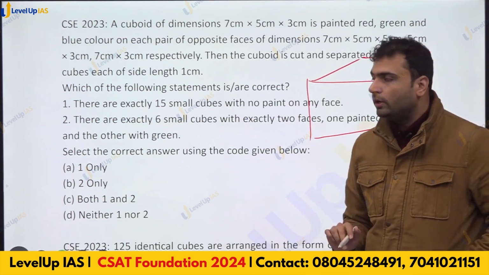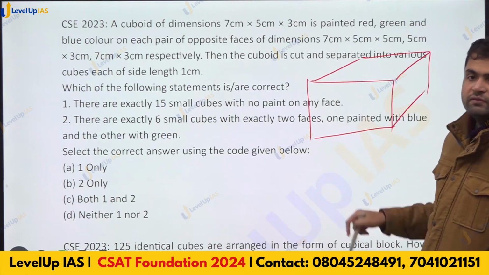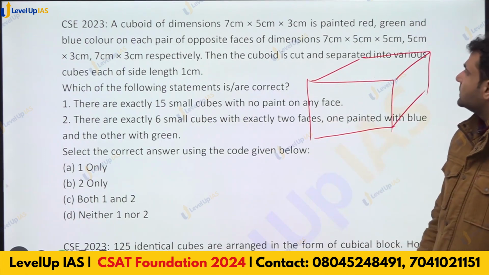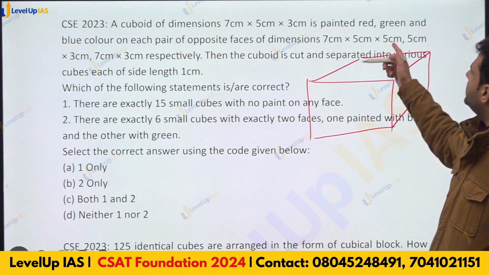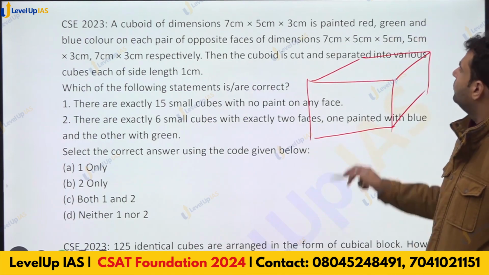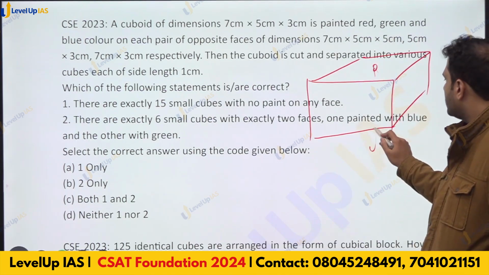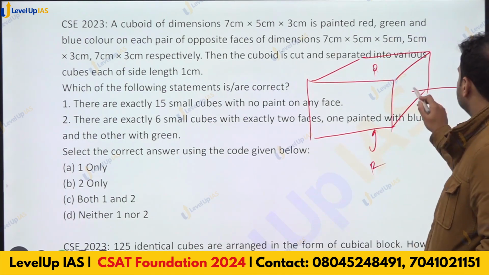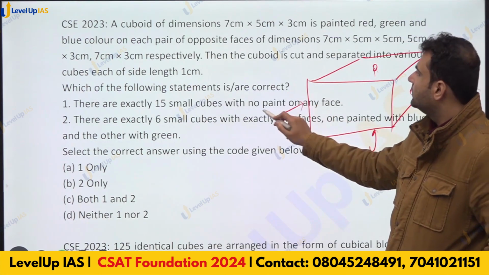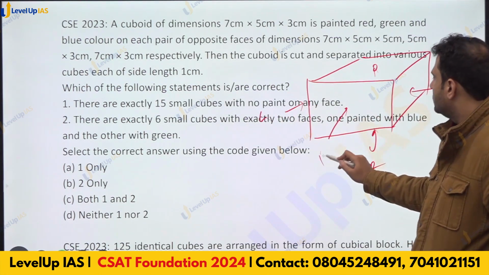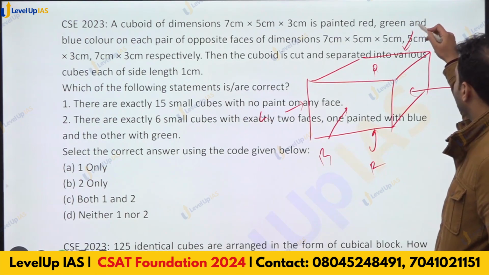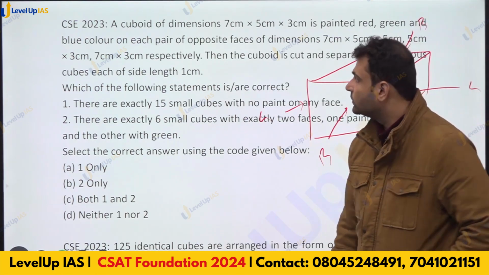It has 6 faces, 3 pairs of opposite faces. They are saying that it is painted red, green and blue. So let us say this is red, this is red, this is green, this is green and this is blue and back on that side is blue.